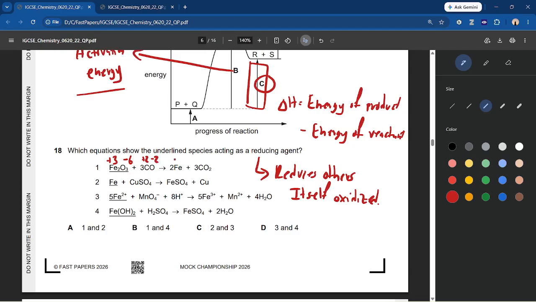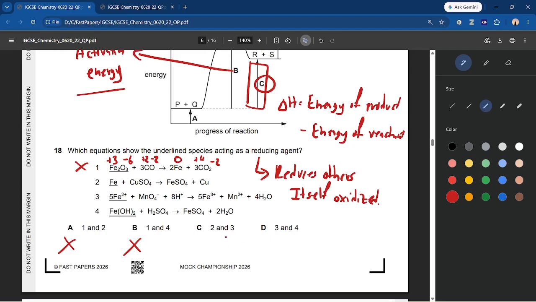So iron goes from +3 to 0, and carbon becomes oxidized, and oxygen sort of remains the same. So this is not a reducing agent because itself was reduced and it didn't reduce anything else. In fact, it's more of an oxidizing agent if you ask me. So we can cut off this.